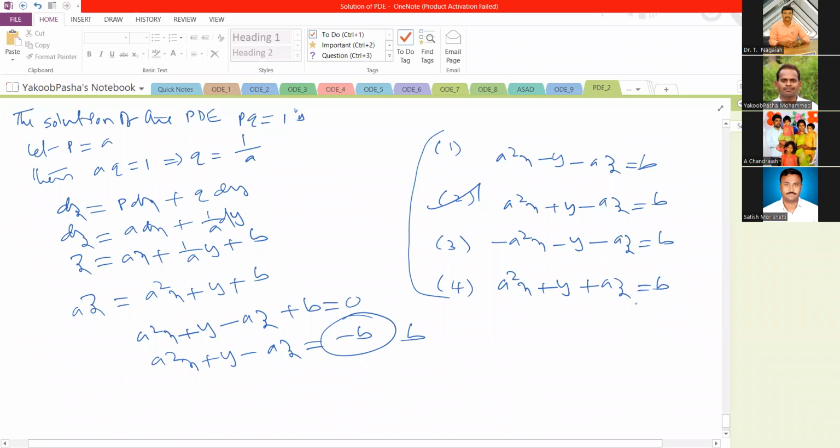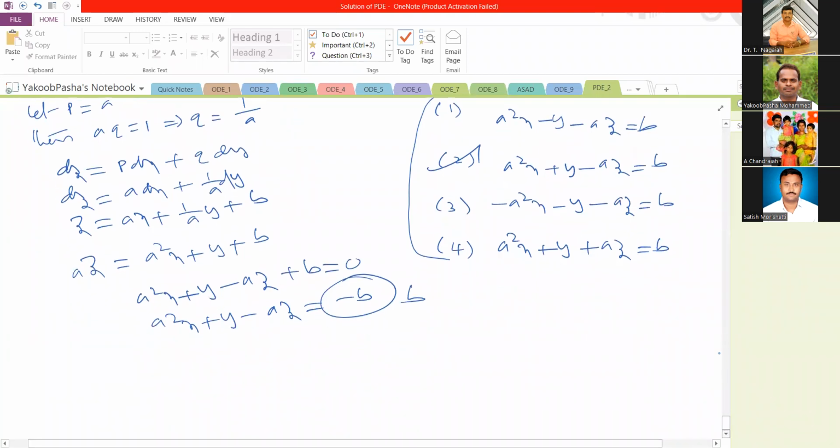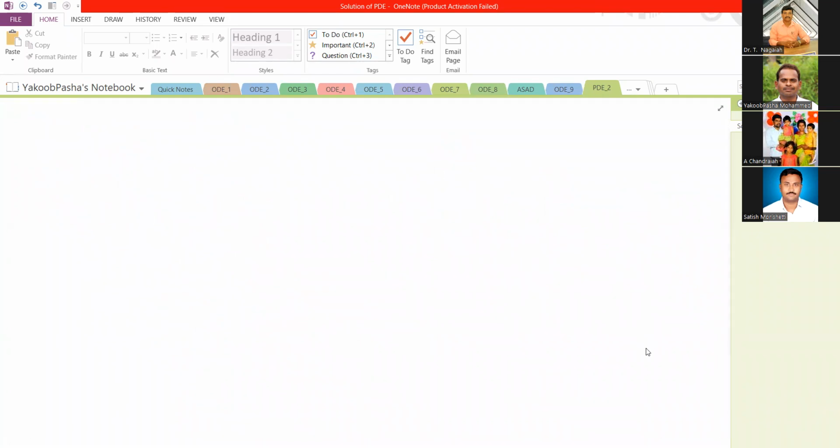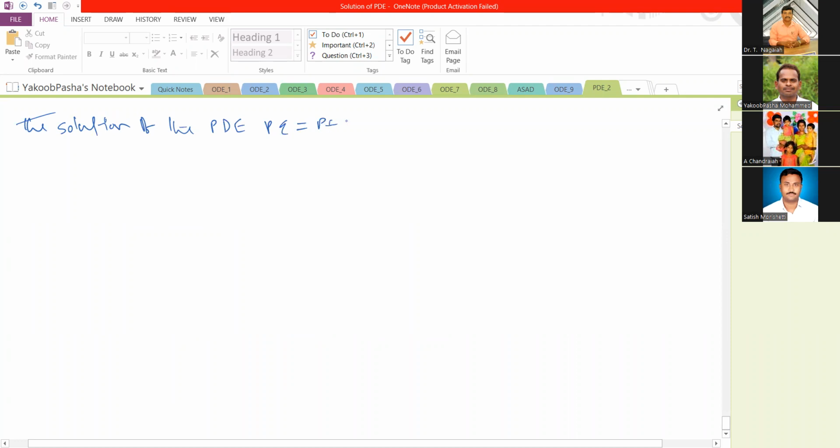I am taking another problem, it is also from CSIR. The solution of the partial differential equation pq is equal to p plus q is. First option: z is equal to ax plus ay by a minus 1 plus b.